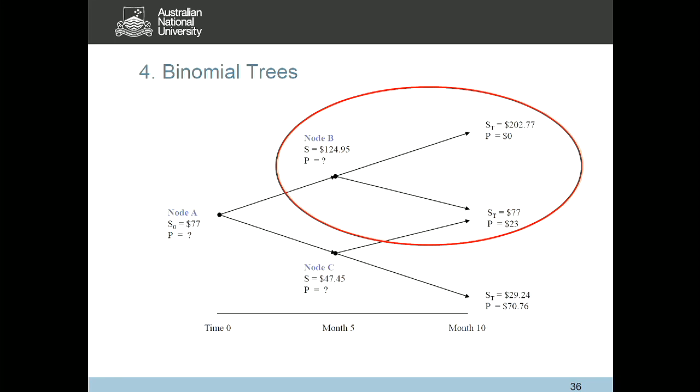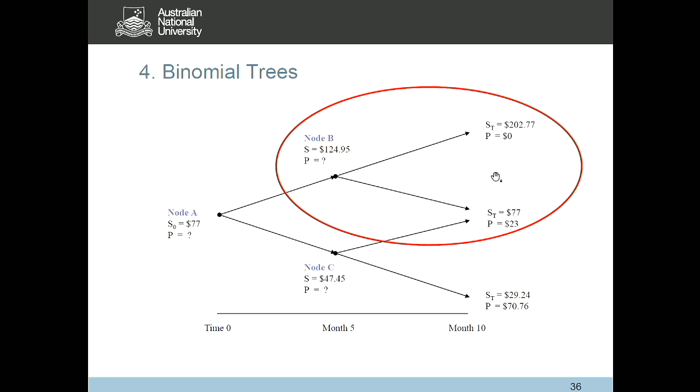So if we start with the upper right branch, now the share price can go up or go down, right? If the share price goes up to 202, the put option is out of money, so it has a payoff of nothing here. Then we don't have to worry about that. Now if the share price goes down to $77, we get a payoff of 23 from this put, right?